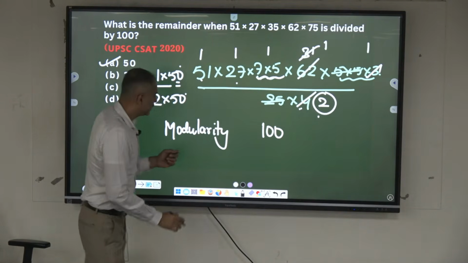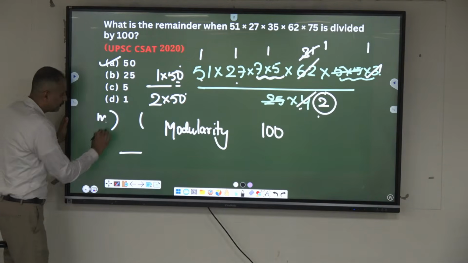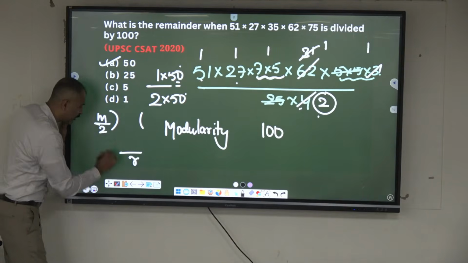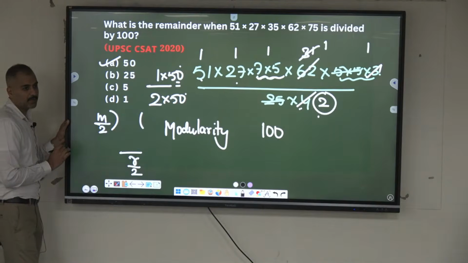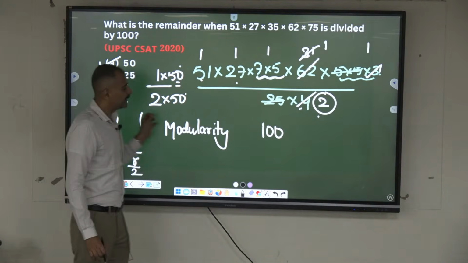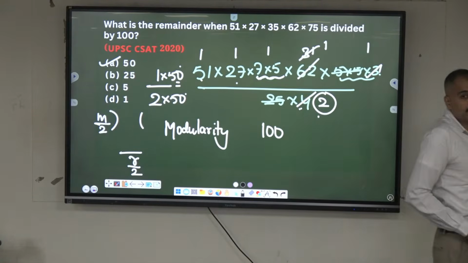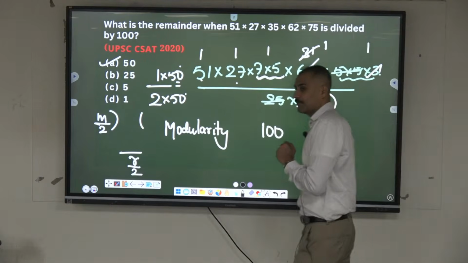If you are dividing any number by m and getting a remainder r, and if you divide it by m by 2, the remainder also should be r by 2. That's what. So we divided it by 1 by 50 times of the divisor. Hence the remainder also we are getting 1 by 50.